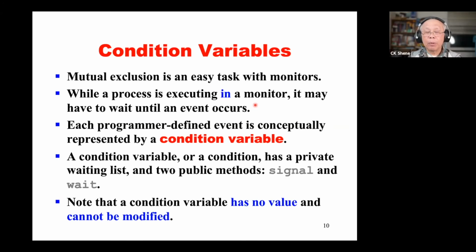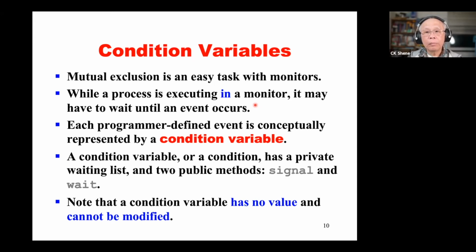For example, suppose I call a procedure and enter the monitor. While I am working inside the monitor, I find out I have to wait until the value of count becomes 0.